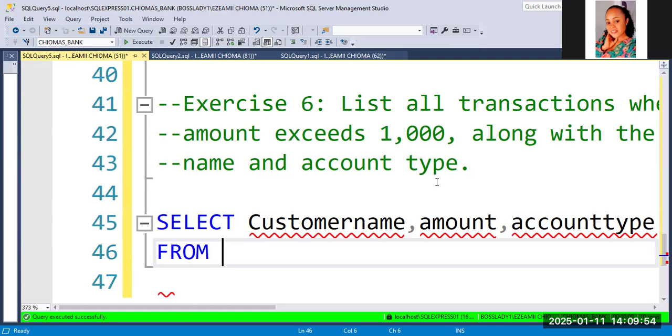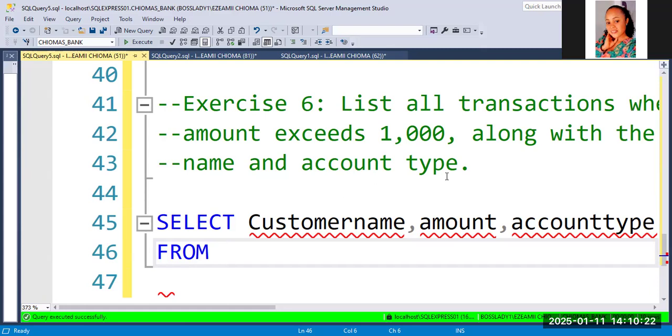So when you list all of them, you now get the matching values. This means we are going to use inner join to get the transactions and their matching records, along with their name and account type. So if you get all the transactions, then you get their account type and the customer name.